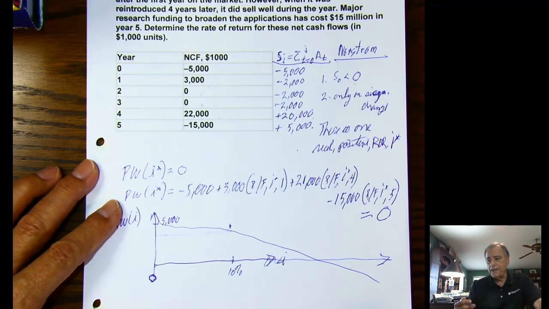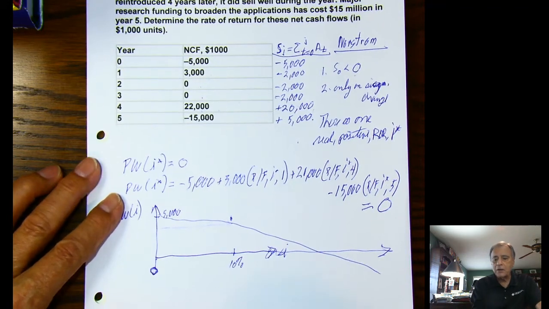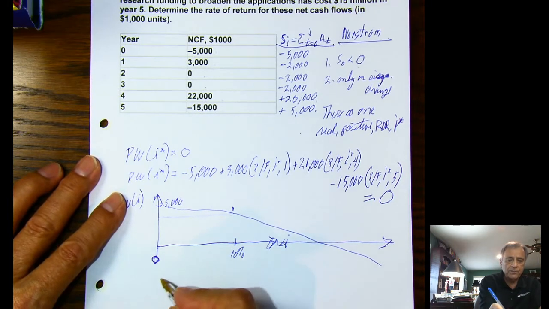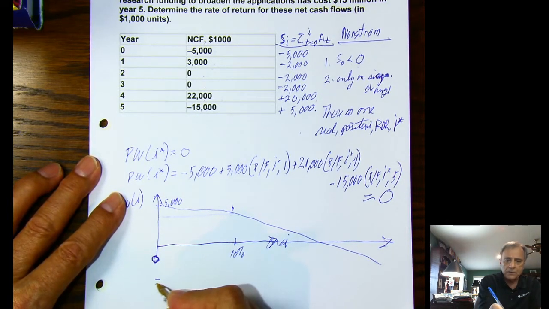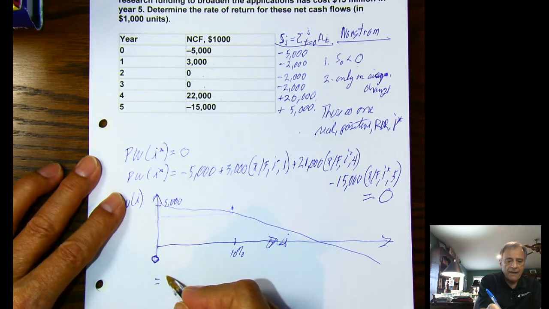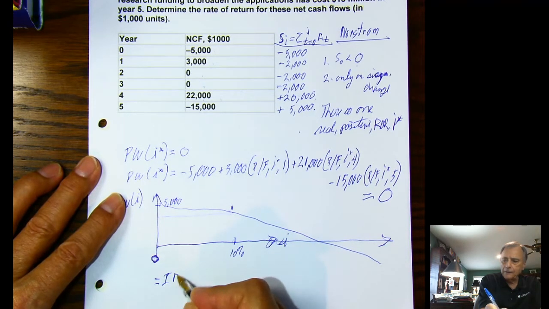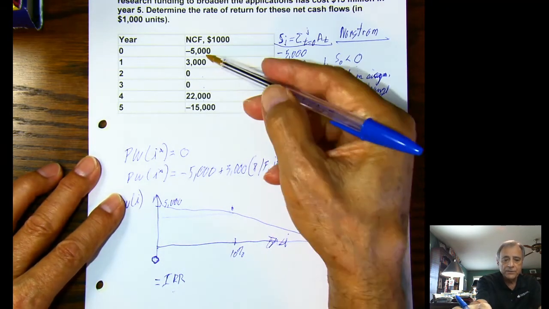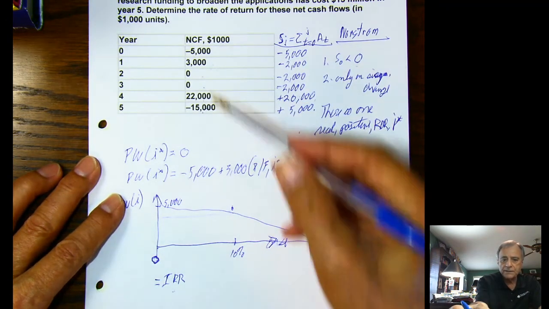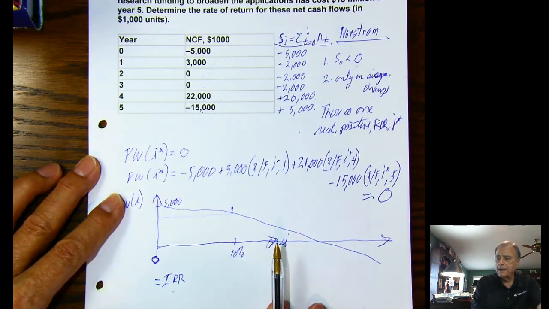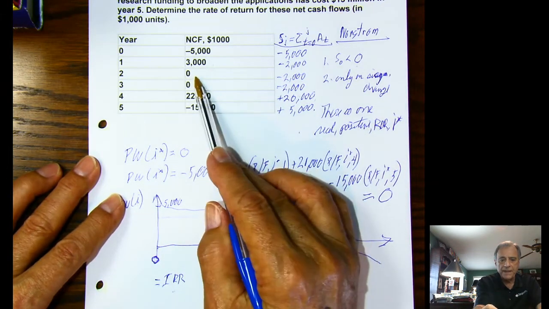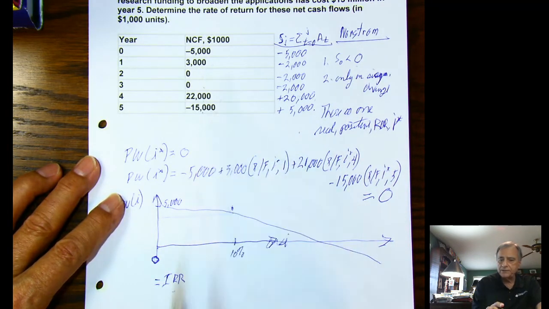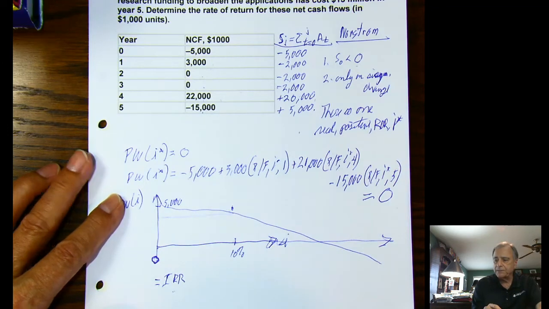Actually, I went ahead then and used my IRR function in Excel, which is, if you put in a cell equal IRR, which finds the internal rate of return of a cash flow, and you tell it which cells that cash flow is in, as long as you make it from 0 to N and fill in all the cells, don't leave any zeros out, for example, in that case.